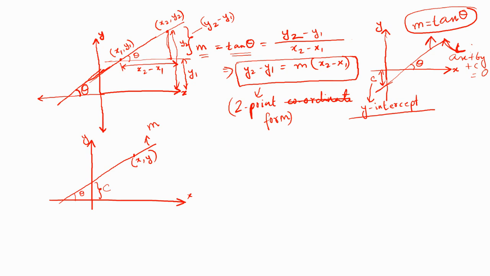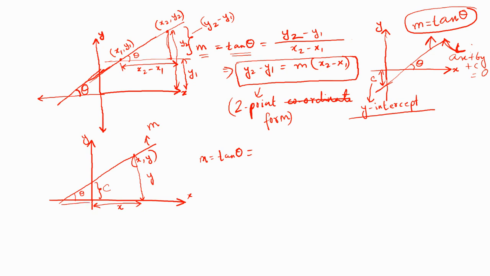We can go by the first principle as I discussed. Let's say we don't know what is slope first, right? So what is slope? Slope equal to tan theta. Okay, this is y, we already know, ordinate is y, and this is x.